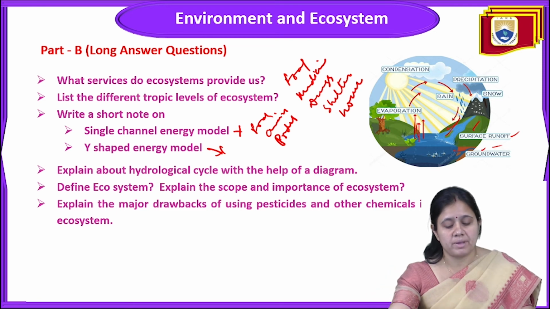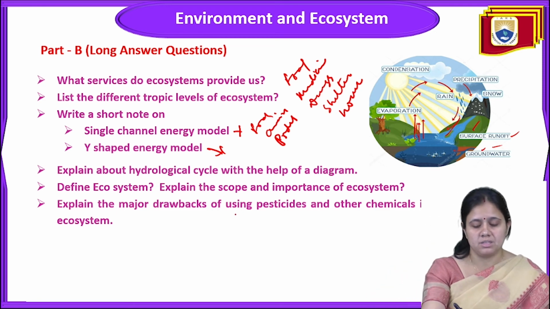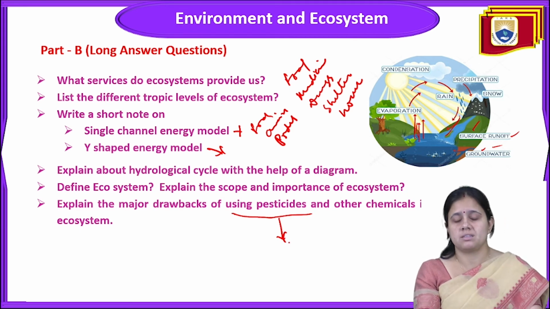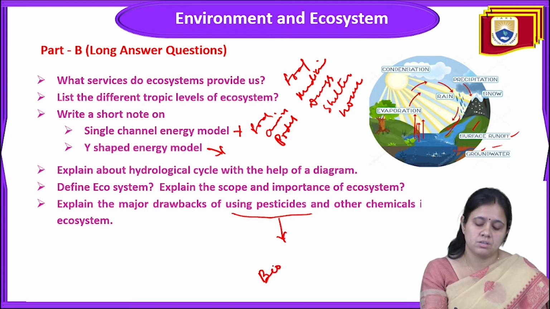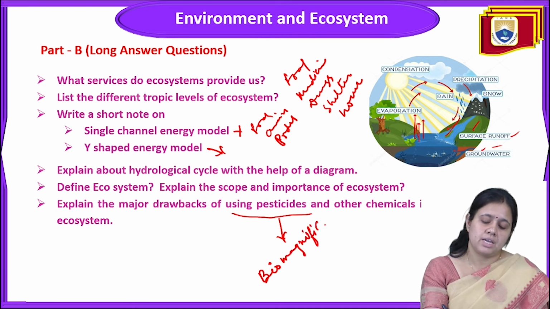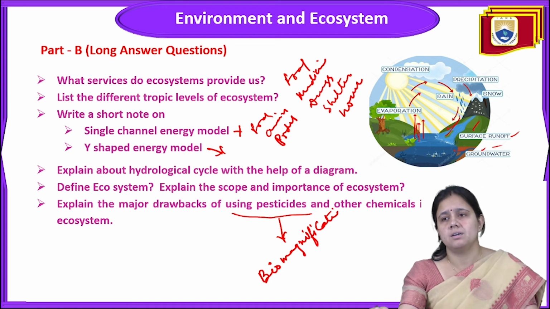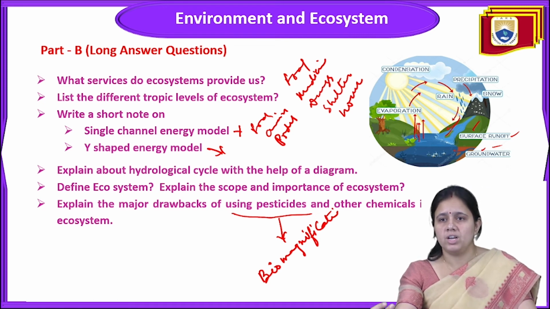The next question is the major drawbacks of using pesticides and other chemicals in the water. The major drawback of using pesticides is biomagnification. Biomagnification is the increase of any chemical inside an organism, from a lower organism to a higher trophic level organism, as we have already discussed.